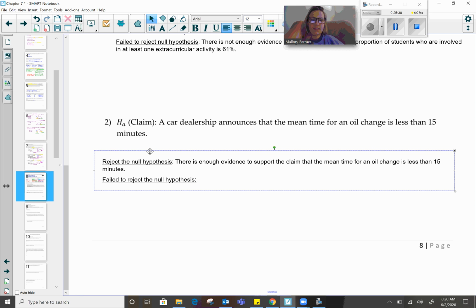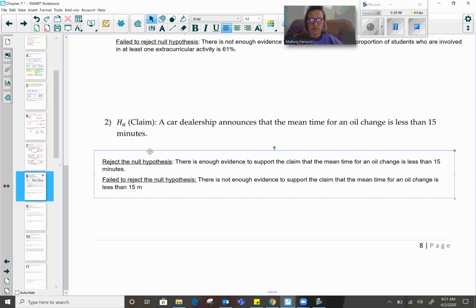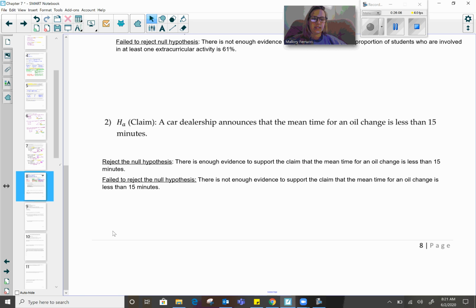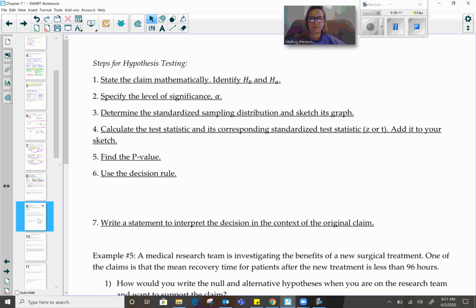If that's my final decision, then I'm going to start off with there is not enough evidence to, since my claim is the alternative, support the claim that the mean time for an oil change is less than 15 minutes. So that's how you can use that chart in order to interpret your final decision.